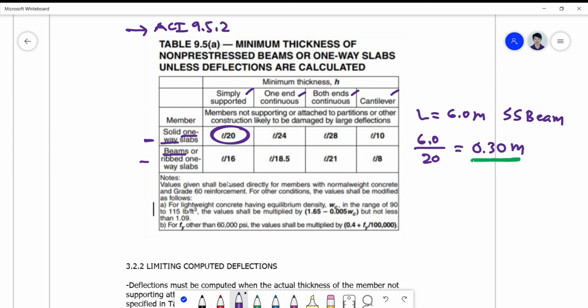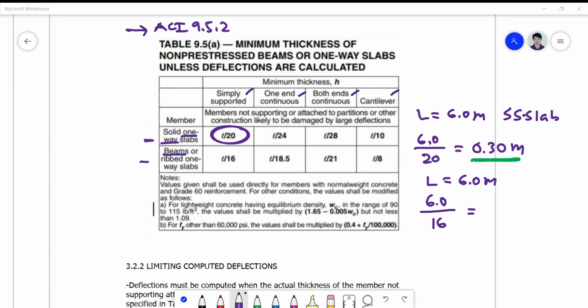For a simply supported slab, not beam. For a simply supported beam, it will be L over 16. So if L is 6.0 meters, you simply divide 6 over 16. This is greater than 0.30.